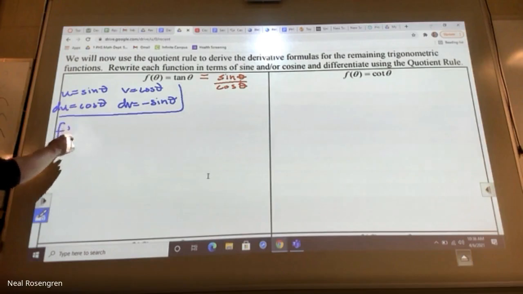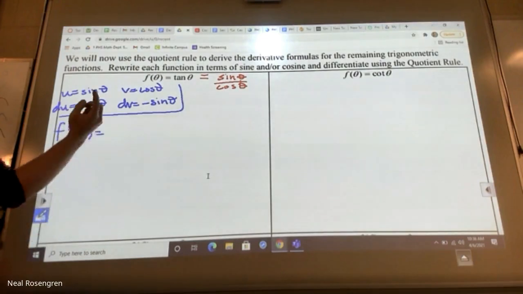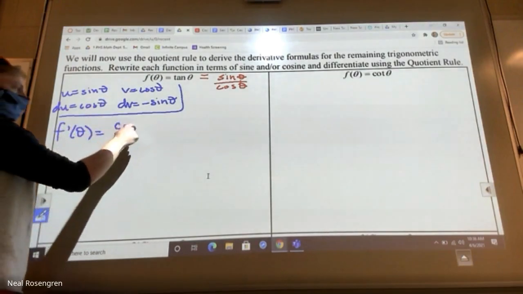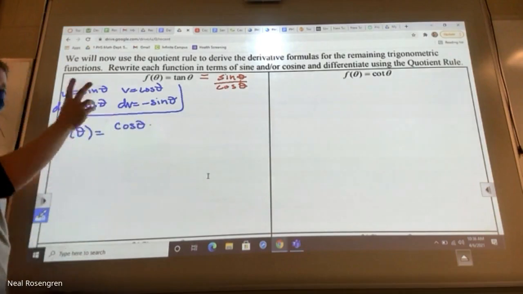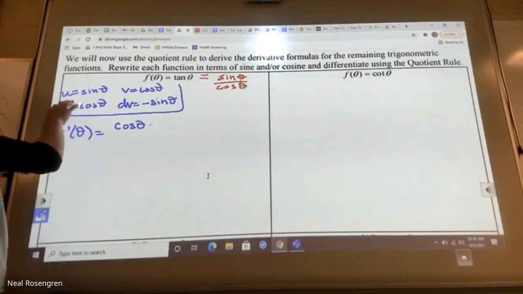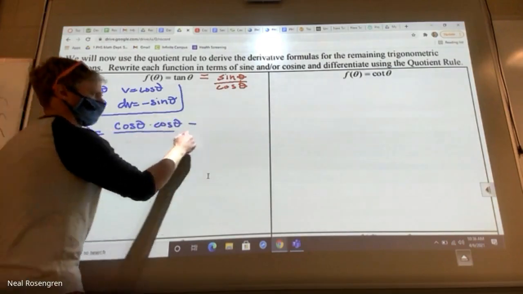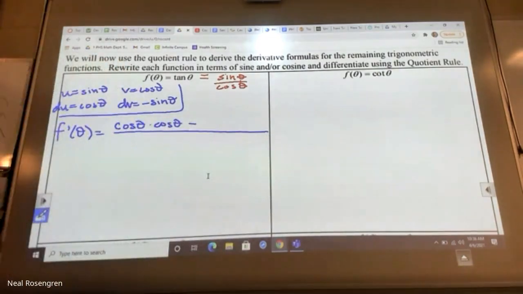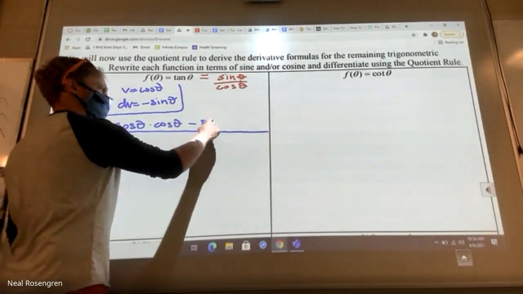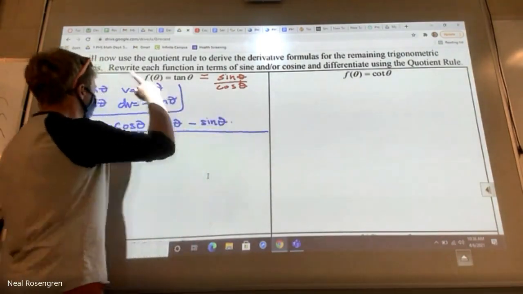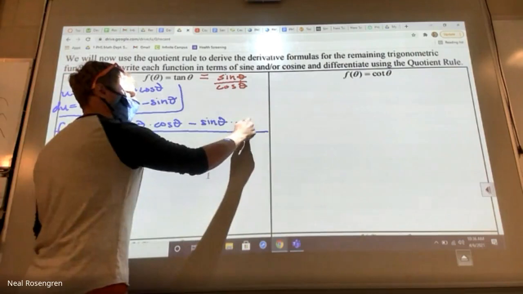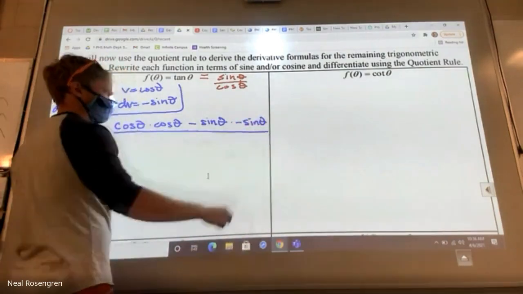F prime of theta right away. V, okay, cosine, times, and parentheses if you want, I'm going to make my life a little simpler, times du, oh, another cosine, okay, minus, so this is a big fraction here, u, sine of theta, times dv, oh, okay, another negative sine of theta there.